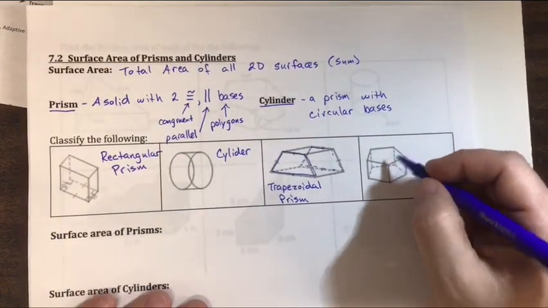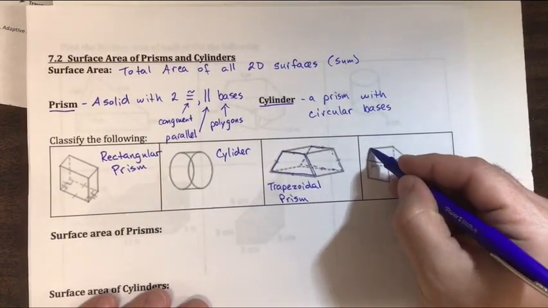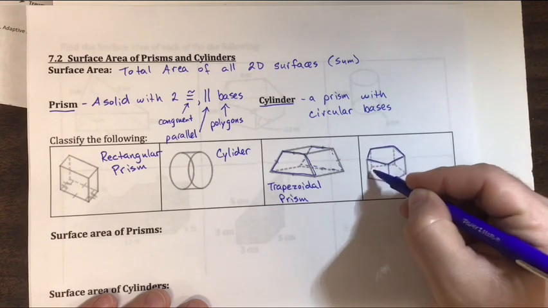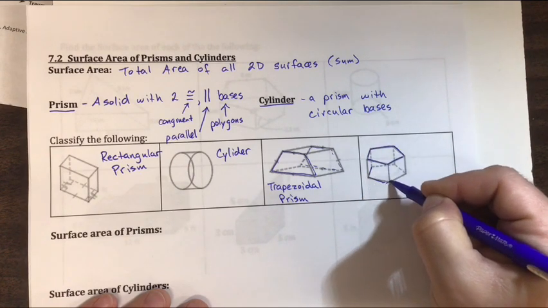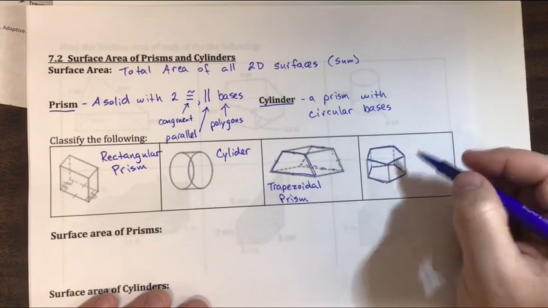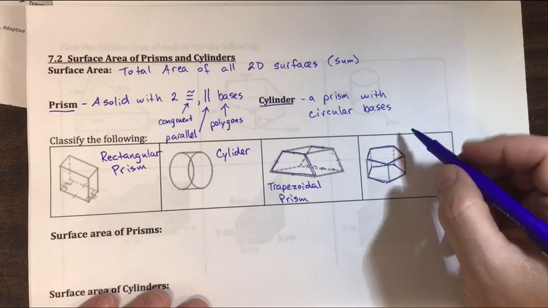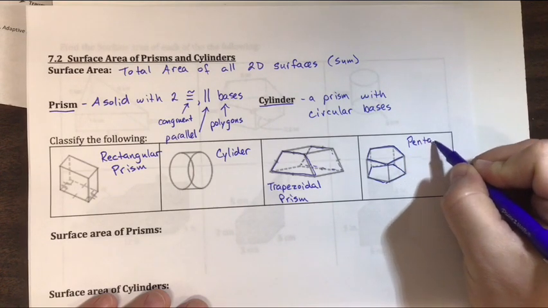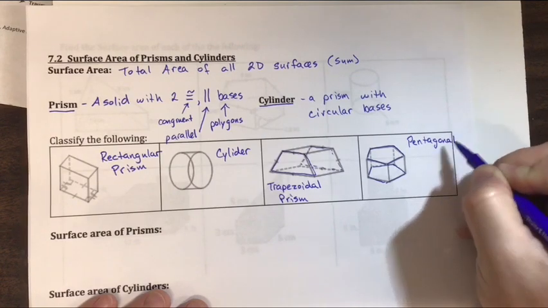And then over here, these top and bottom have to be the bases because they're the ones that are congruent and opposite from each other, exactly parallel. These top and bottom pentagons are the bases. So we would call this a pentagonal prism.